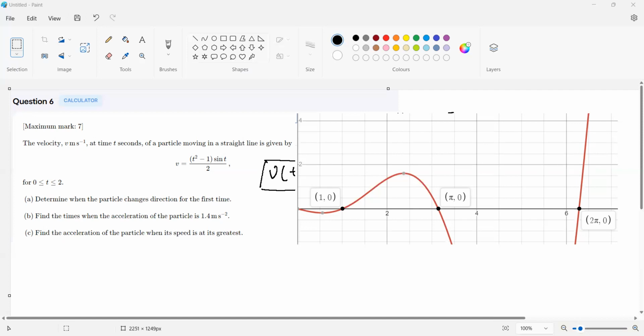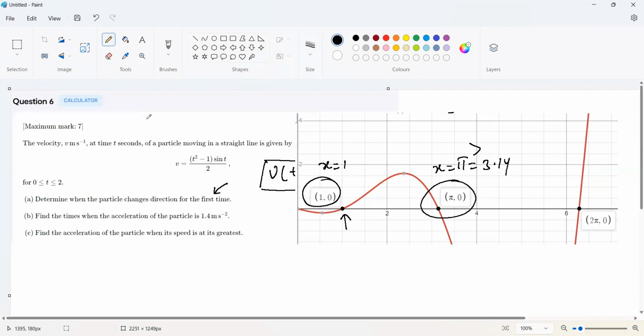And also it asks for the first time it changes direction. So the first time the velocity becomes 0 is at x equal to 1. Next time it becomes 0 is when x is equal to pi, and pi is 3.14, greater than 2. Third time it becomes 0 when x is equal to 2 pi, approximately 7 point something, more than that.